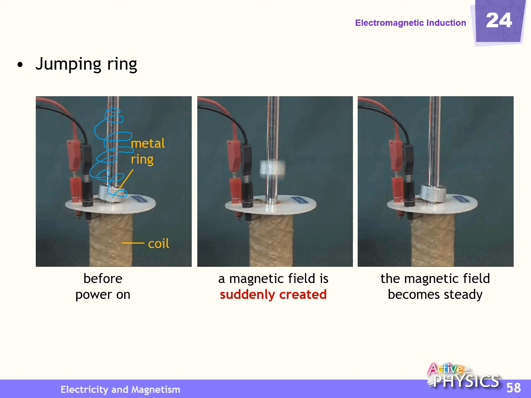It's similar to the case where you drop a magnet into a tube, right? There is a repulsion that makes the magnet slow down. You can imagine that if the repulsion is very large, then this ring will jump out of the tube. In this case, the repulsion is very large, so the ring will jump to a certain height.